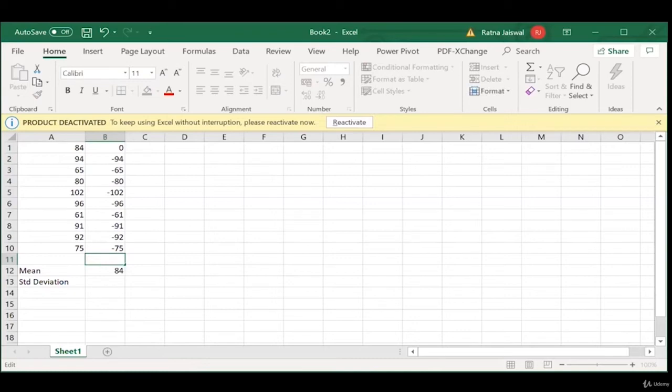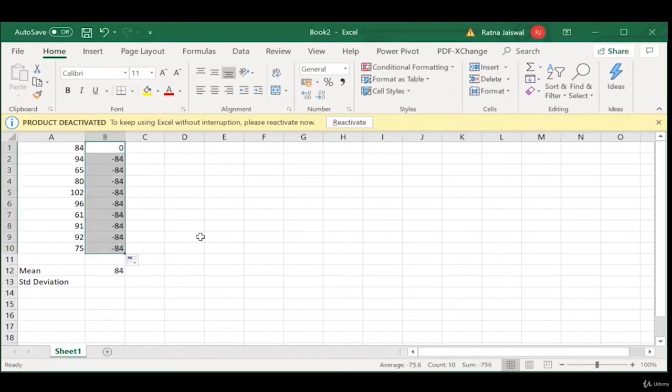You need to use F4 to lock it. So right, B1. Double click the formula. Okay. And just click F4 before A1. Just bring your cursor before A and click on F4. Yes. Now just press enter and now drag.